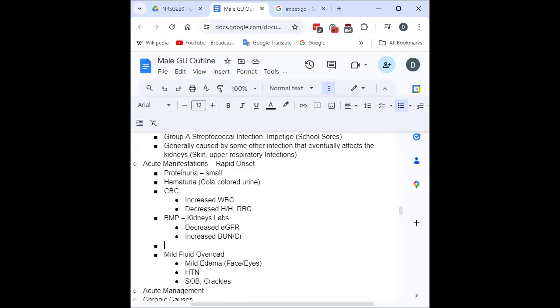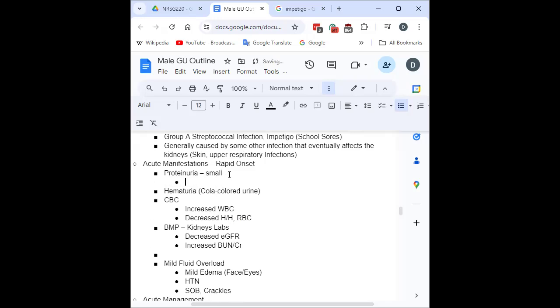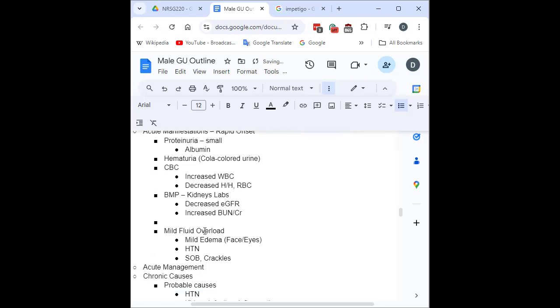But compared to the other one, it's not as bad. But yeah, that's definitely something. So this proteinuria here is probably albumin and some other proteins. That's what's causing some of the mild fluid overload. But remember that it's a small amount, so it's not as bad. But yeah, that is for sure one.